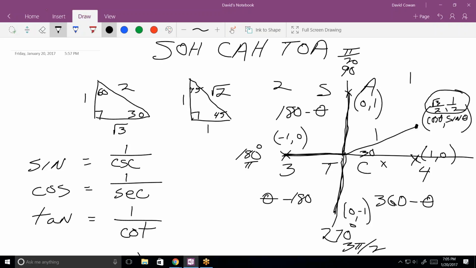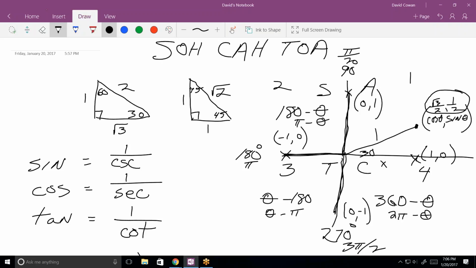Okay. Now, this 180 minus theta becomes pi minus theta, if everything's in radians. This theta minus 180 becomes theta minus pi, and the 360 minus theta becomes 2 pi minus theta.